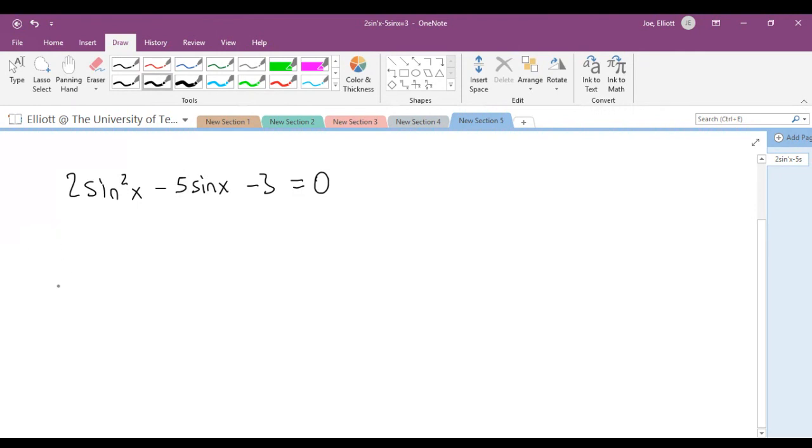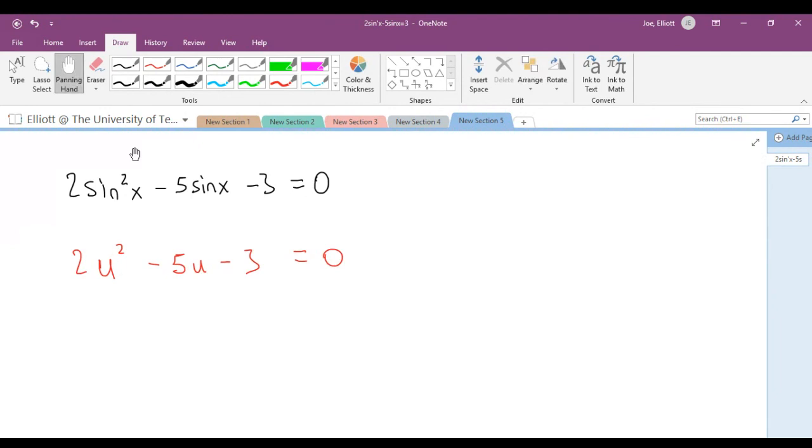Well, let's see. So we're going to try and factor it right now. So it might be kind of difficult to see right now because the equation involves sine, but if you maybe just replace sine with a sort of temporary dummy variable for the moment.